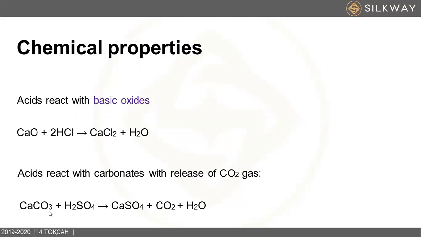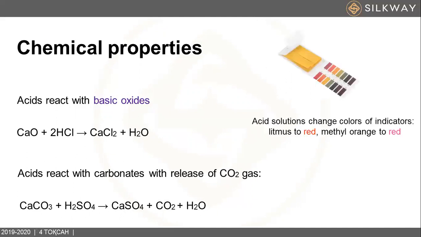When calcium carbonate reacts with sulfuric acid, it produces calcium sulfate, carbon dioxide, and water. Acid solution changes color of indicators: litmus to the red, methyl orange to the red.